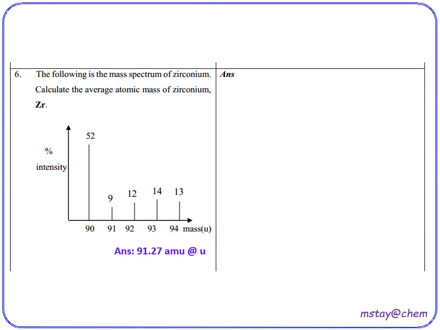Okay, let's continue with question number 6. The following mass spectrum of zirconium. Calculate the average atomic mass. When I read up to here, I already know that my final answer supposedly has the unit of AMU. Based on this mass spectrum, the intensity on this side is given in percentage.